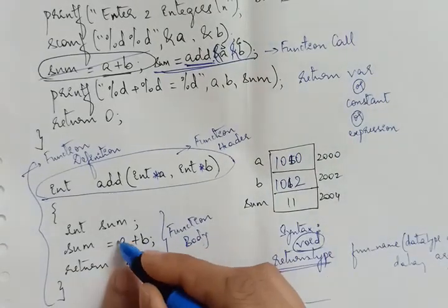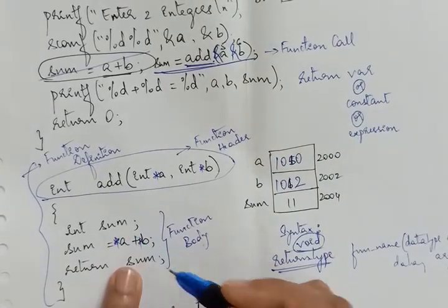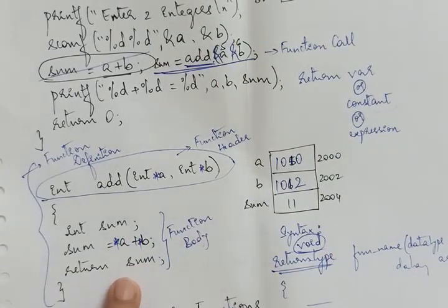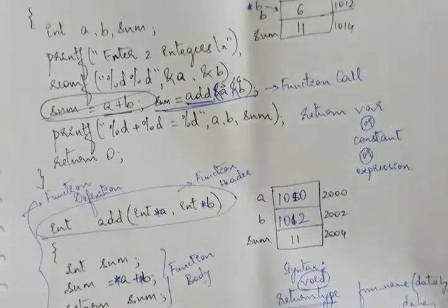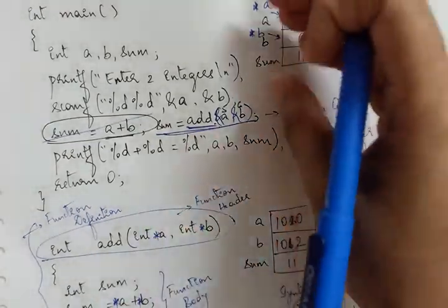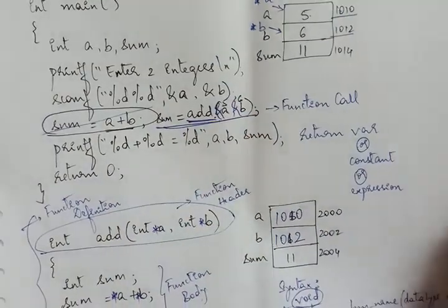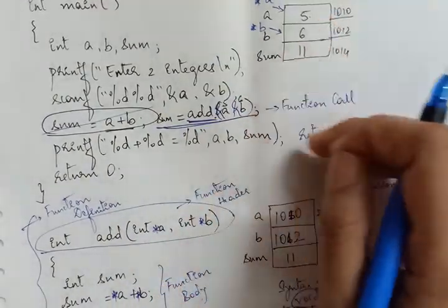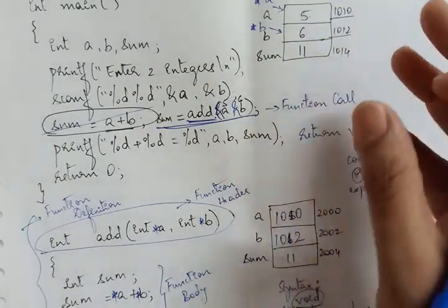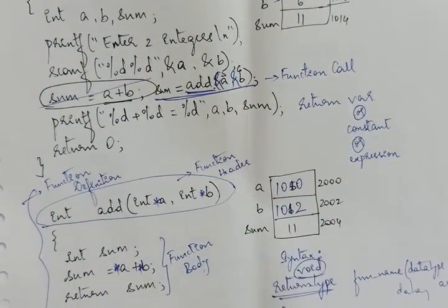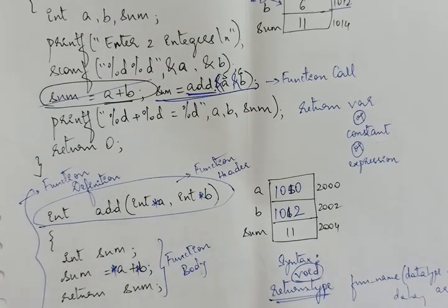So here use star before that. So this is how you are now accessing the actual locations through pointers. By holding the address, it can get access to the actual locations and use those values. So this is a simple example with respect to pointers.